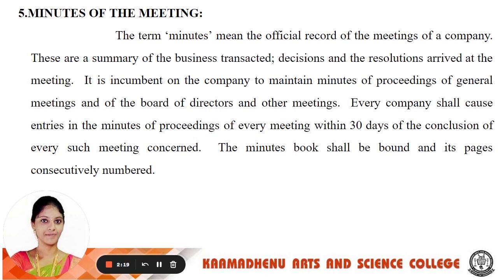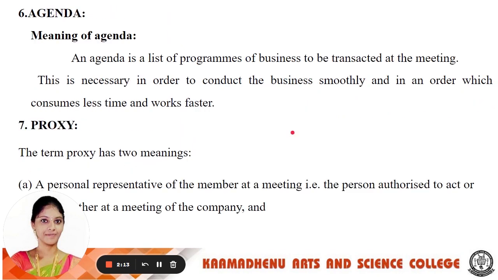The minute book shall be bound and its pages consecutively numbered. Then agenda. Generally, we know the agenda is a list of the programme of business to be transacted at the meeting. This is necessary in order to conduct the business smoothly, in order, consuming less time and working faster.